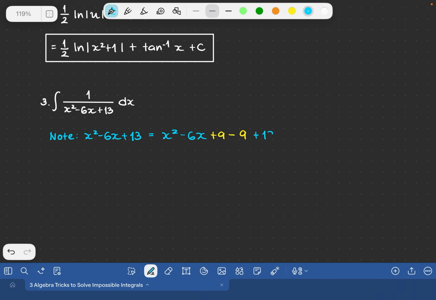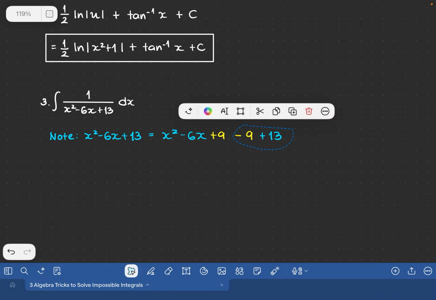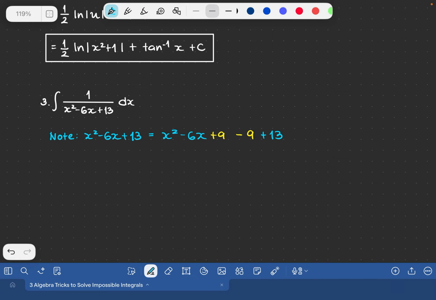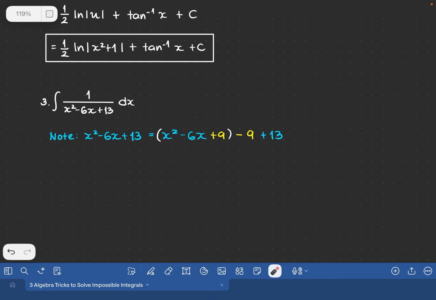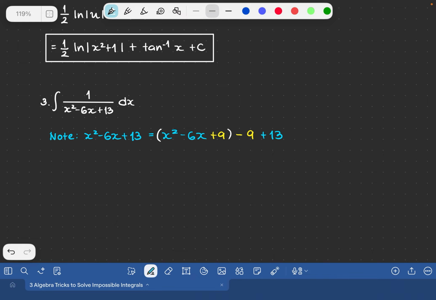Okay, once you have this one, take note that if we adjust this quite a little here and group this first part together, this thing here is now a perfect square trinomial. What's special about a perfect square trinomial? Well, it factors into a square of a binomial.